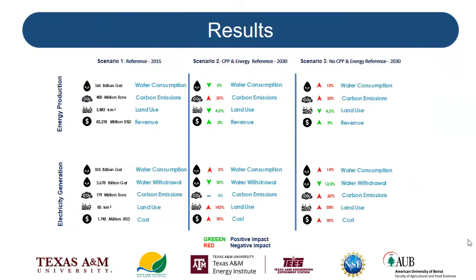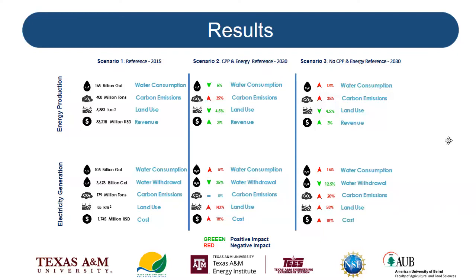In this paper, we assessed the current and the 2030 energy portfolios of Texas. All projections are from the EIA, and we ended up with three scenarios. The first one is the base case reference scenario, which describes the status quo.